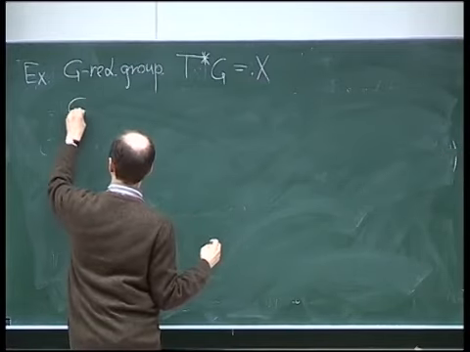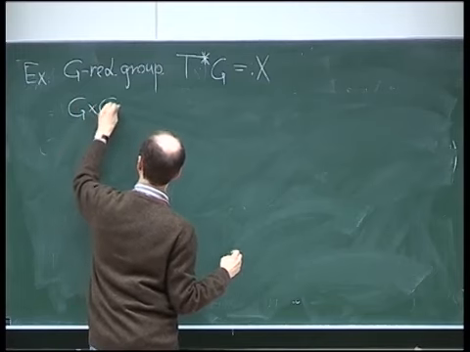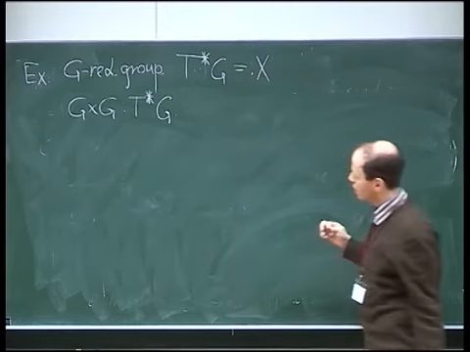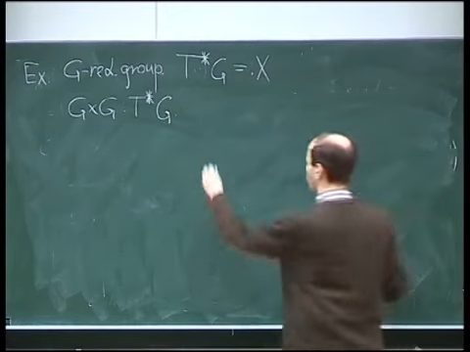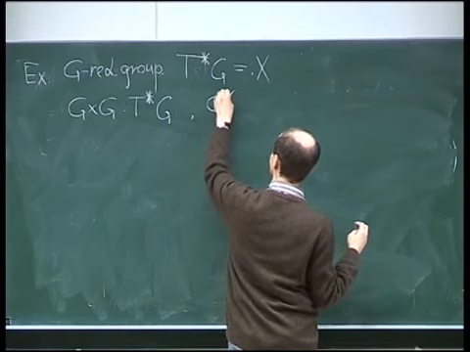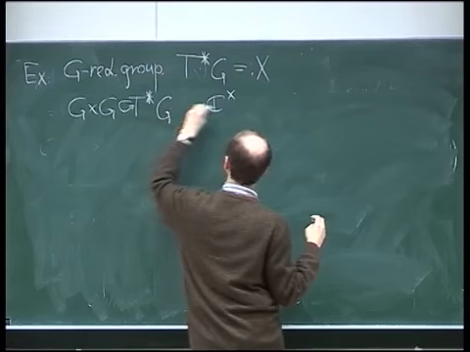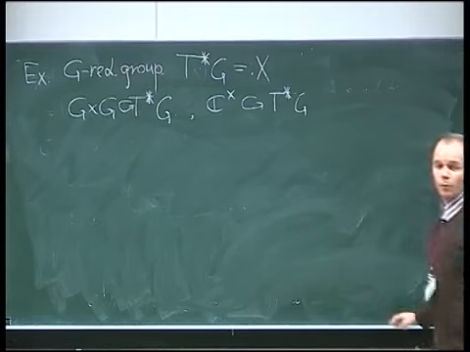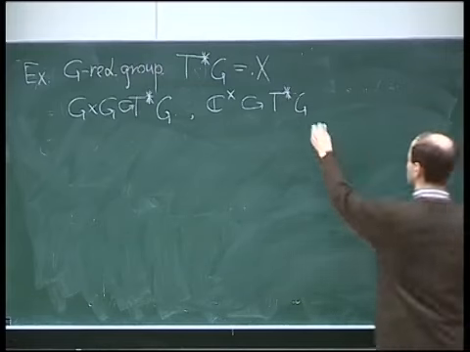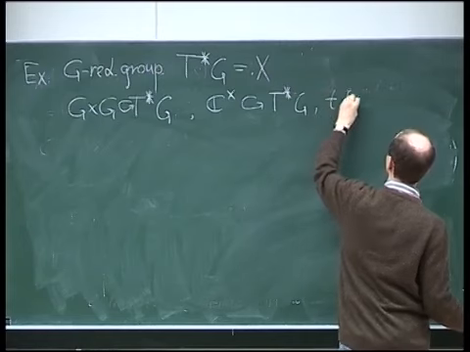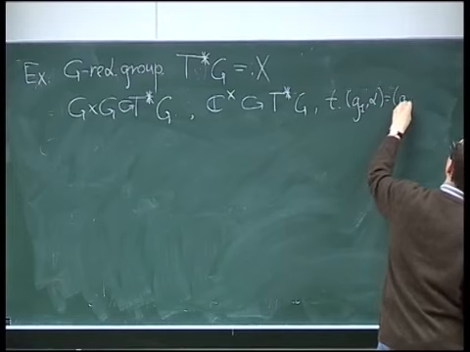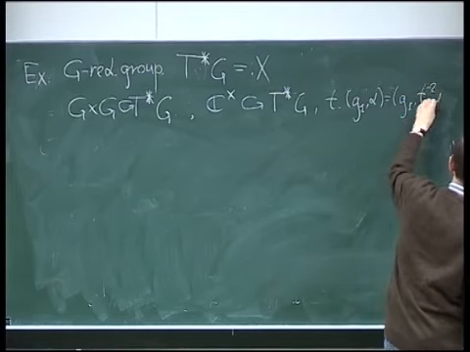And this G times G is our new reductive group. And also we have an action of a torus, the most obvious one by rescalings. So T applied to (g, alpha) is (g, T to the minus 2 alpha).